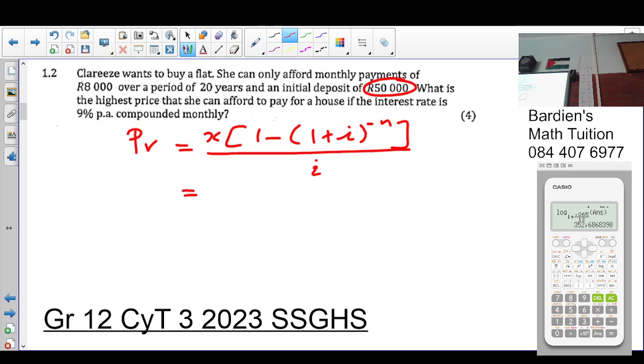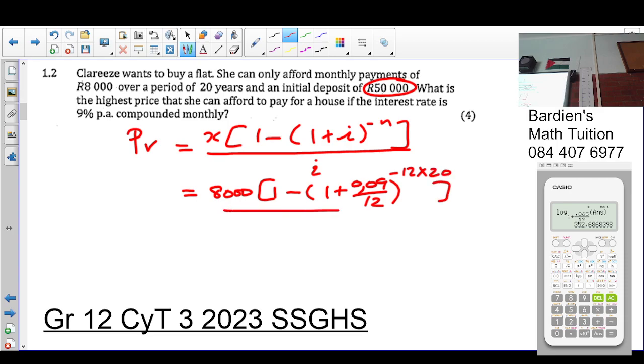So that would be 8,000 Rand into 1 minus 1 plus i, 9%, so 0.09 over 12 to the exponent negative 12 times 20, and this is all over 0.09 over 12.